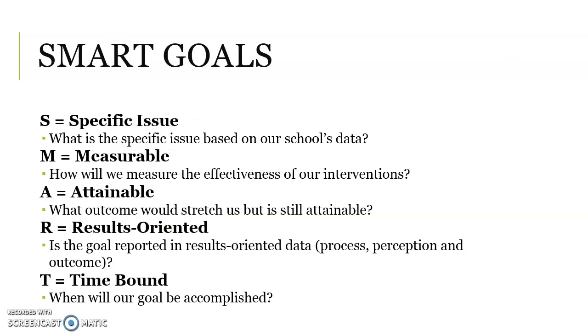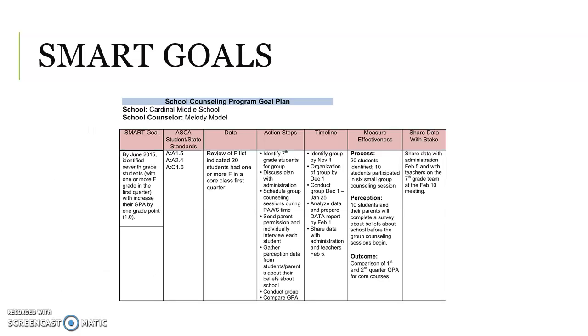I love SMART goals. They are fantastic, and they are very specific, measurable, attainable, results-oriented, and time-bound. So when you write something, you are going to write a goal that says something like, by June 2015, identified 7th grade students with one or more F grades in their first quarter will increase their GPA by 1 grade point.